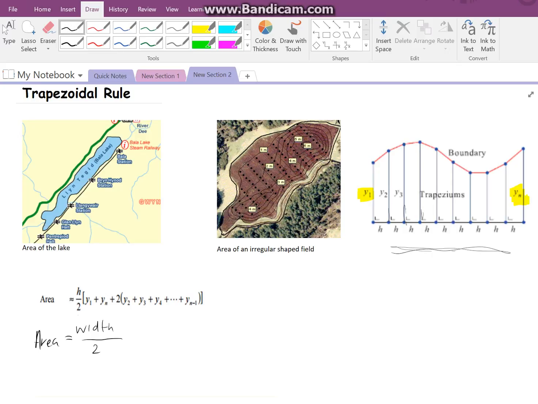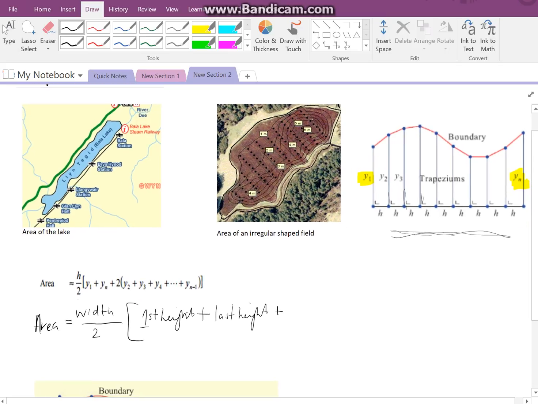So we have our width over 2, bracket, our first height plus our last height, plus then we have 2 and a bracket. So y2 plus y3 plus y4. Again, you can see these all in here: y2, y3, this would be y4, this would be y5, 6, 7, 8, 9, and so on.